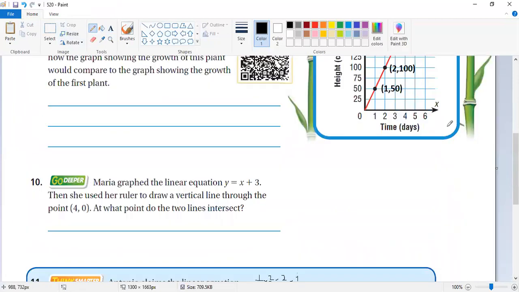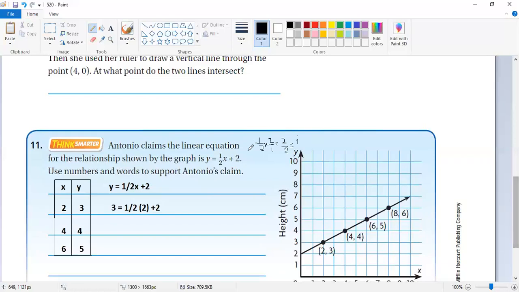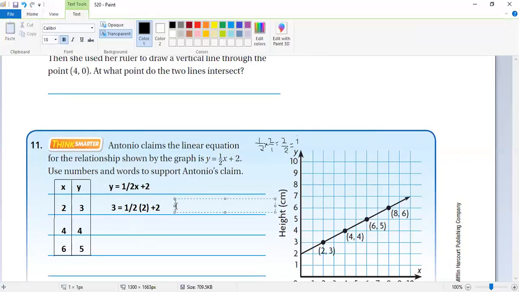So half multiplied by 2 gives us 1. That's going to be 3 equals 1 plus 2, because y is already 3. Is 1 plus 2 equal to 3? Yes, it is, which means Antonio's equation is right. So this was for the first one.